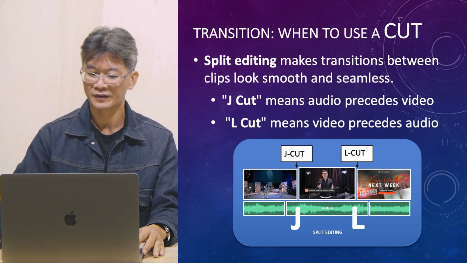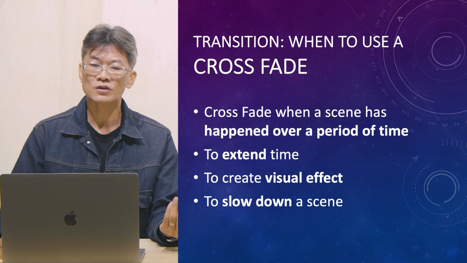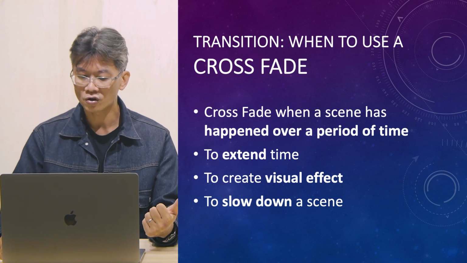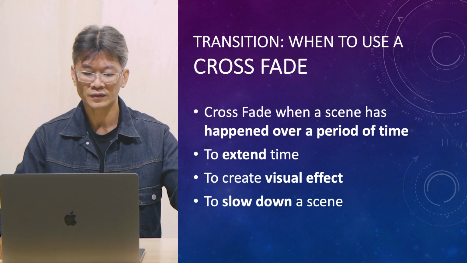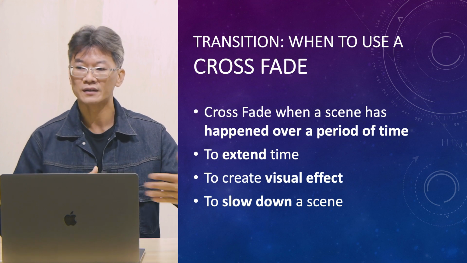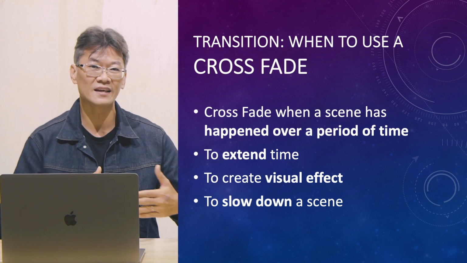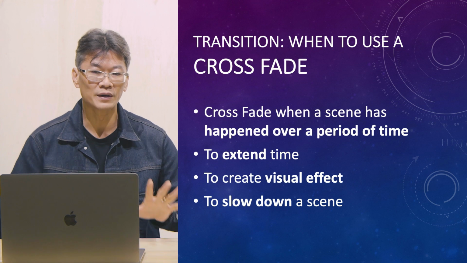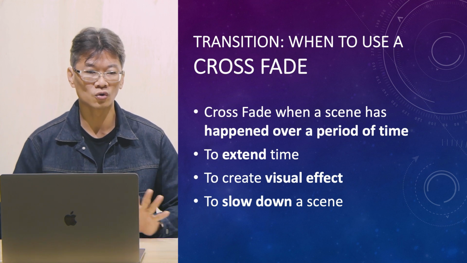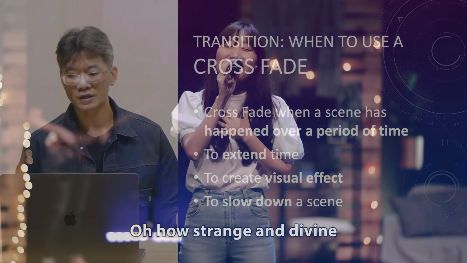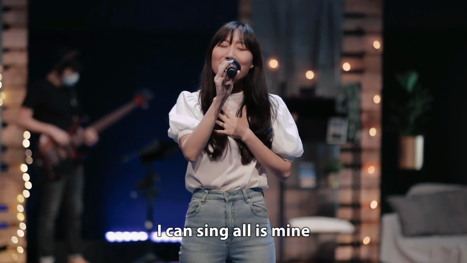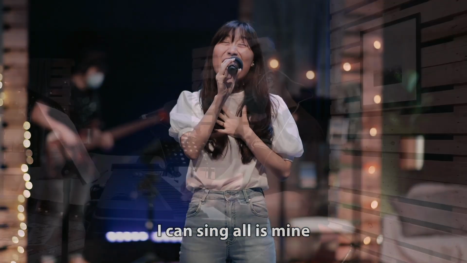All right. Now, next one is using crossfade. This is very common. Crossfades from a scene will happen over time. If there's a prolonged time, kind of like a delay, like a slow movement of a music, a slow piece, usually we will use a crossfade rather than a straight cut. Okay, to extend the time. Usually it's a visual effect as well.